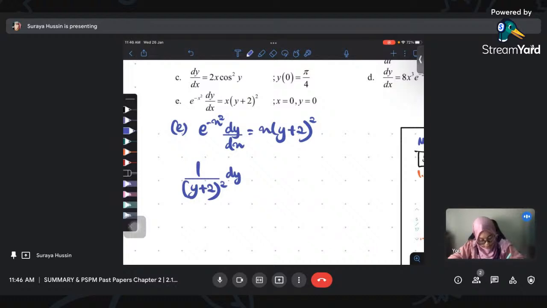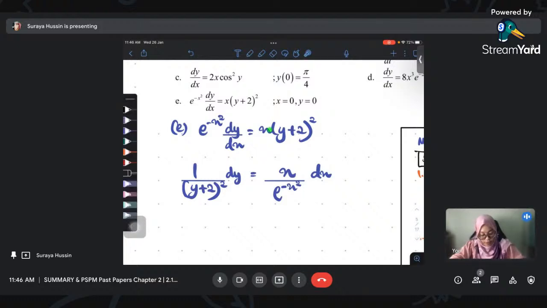So you bring the everything is in terms of y di belah kiri, manakala x di belah kanan. So dx di belah kanan, yang ini bawa turun. Jangan takut, bawa aja turun. Okay, just cross multiply macam biasa. And then x, x berada di atas, so kekalkan dia.